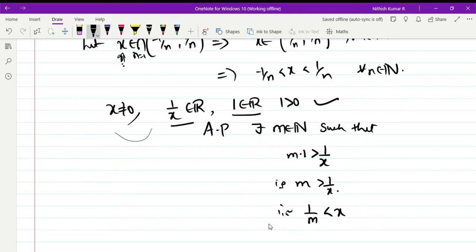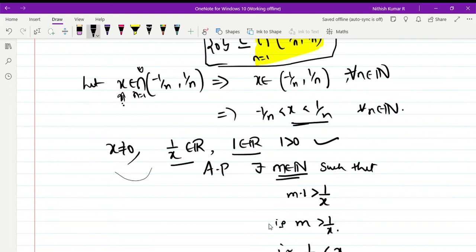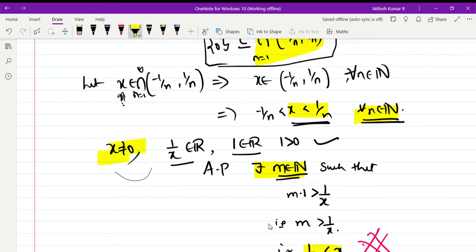But what we have is x is less than 1/n for every natural number, for all n belongs to N, but here we got a natural number such that 1/m is less than x. It's a contradiction. Therefore x not equal to 0 is not possible.